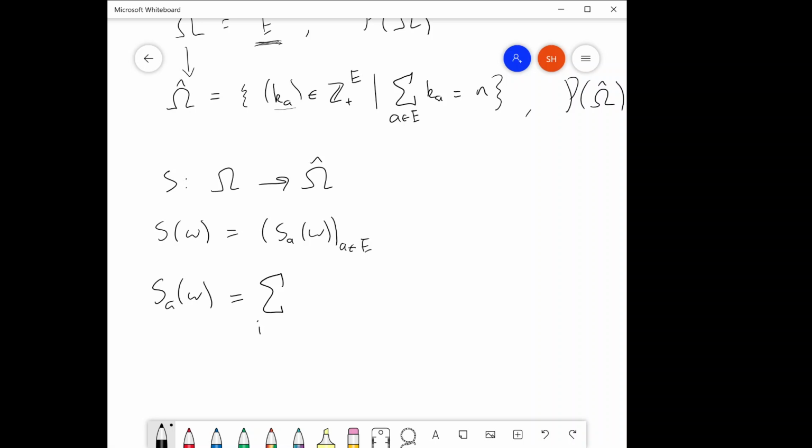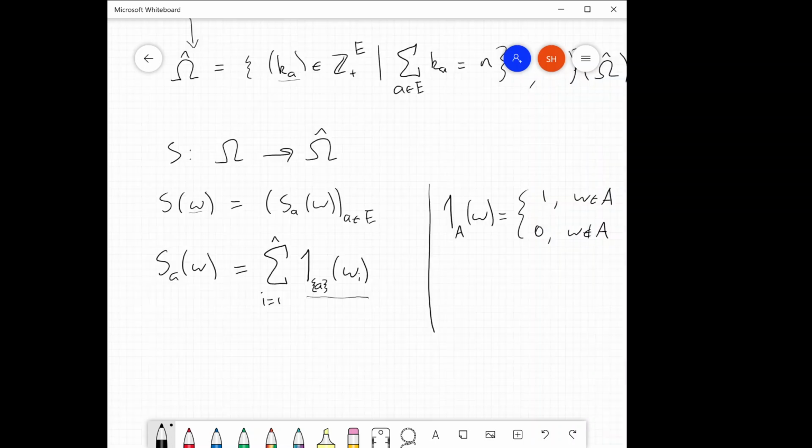There are n elements in here, so there are n possible copies of color a balls, and we use this indicator 1_a(ω_i), where the function 1_A(ω) is equal to 1 if ω is in A and 0 otherwise.